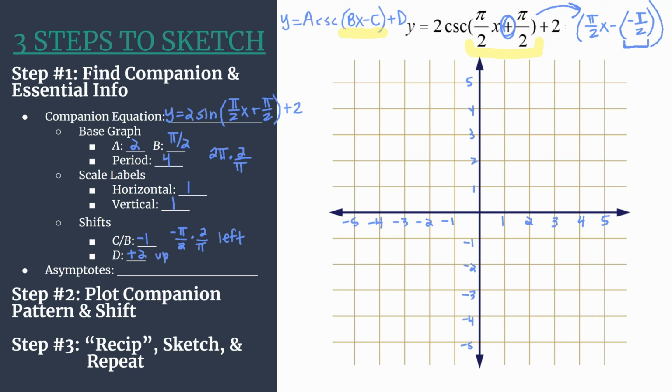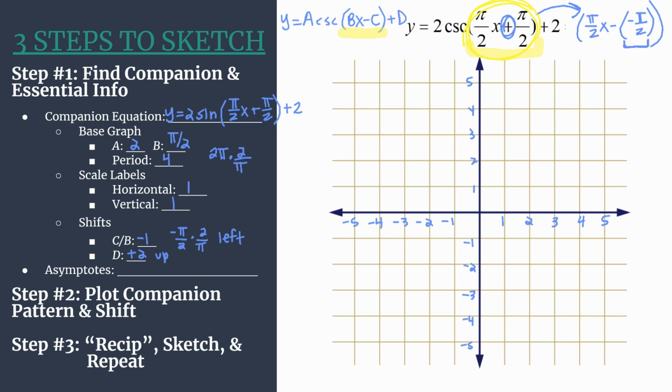All right, the last big piece of analysis is finding the asymptotes equation. There's a really good way that you can do this for any cosecant equation, and it's really applying the horizontal transformations of your equation to the parent asymptotes, or the asymptotes that would happen for cosecant x. To do that, take your inputs from your equation.